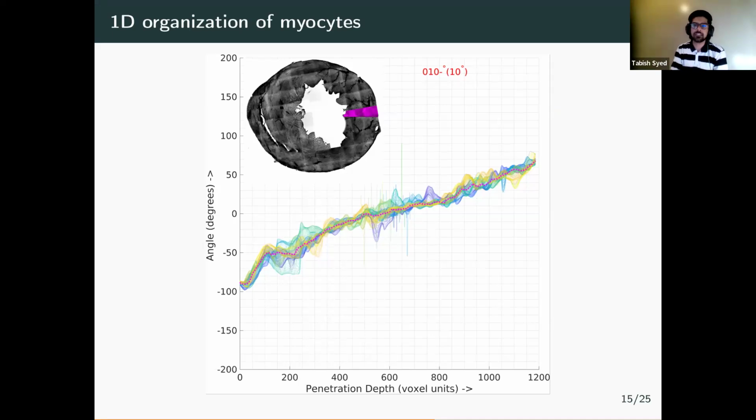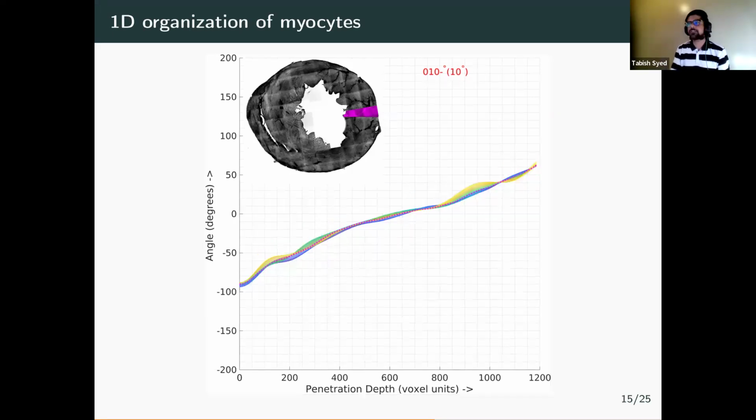But if you actually look at it at the microscopic scale, you see that, for example, in the first part, you have a flat region, then really rapidly changing, and then again a flat region, and then it changes again. So the rate at which the cellular orientation changes is not uniform.